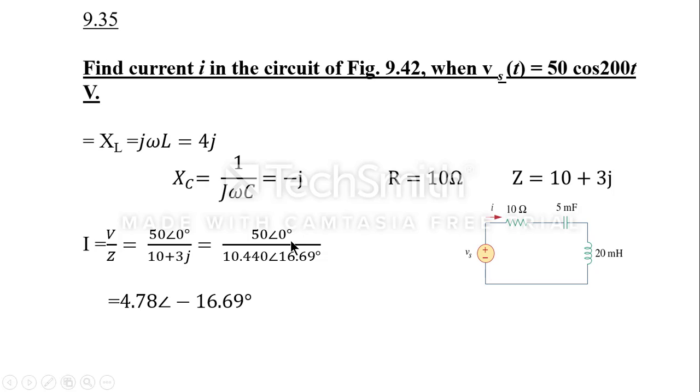Dividing 50 with a phase angle of 0 by 10.440 with a phase angle of 16.69, we get a current of 4.78 with a phase angle of minus 16.69 degrees. Therefore, i of t for the circuit is 4.78 cos 200t minus 16.69 degrees. Thus, it's a pretty easy sum, isn't it?